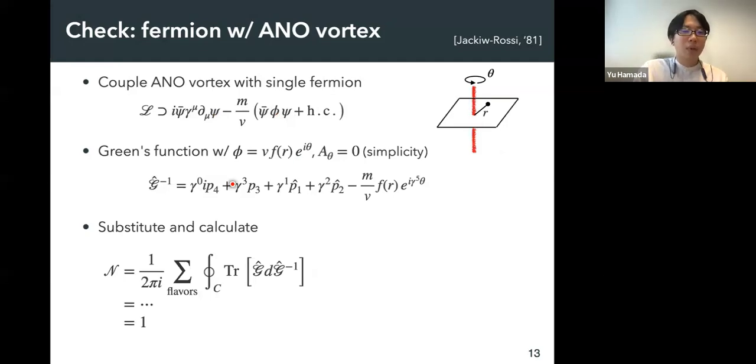We have this Green's function for this Dirac fermion, and we substitute it into this complicated topological invariant. This calculation is pretty annoying, so let's skip the details. In the end, we have plus 1. This means that along the string, there is one massless mode from the Dirac fermion.